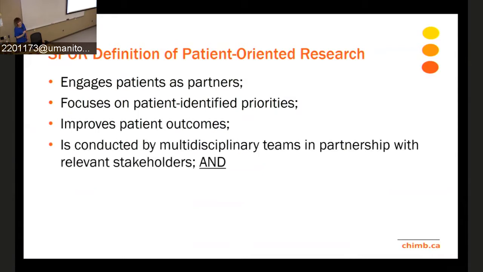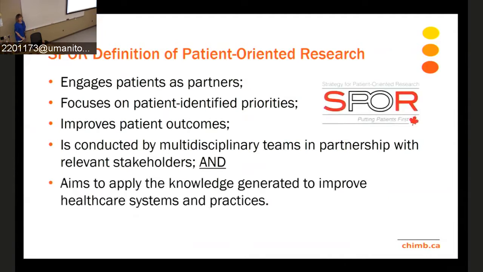It's conducted by a multidisciplinary team in partnership with relevant stakeholders. That includes policymakers and healthcare professionals as well as patient partners and caregivers. And finally, it aims to apply the knowledge generated to improve healthcare systems and practices.